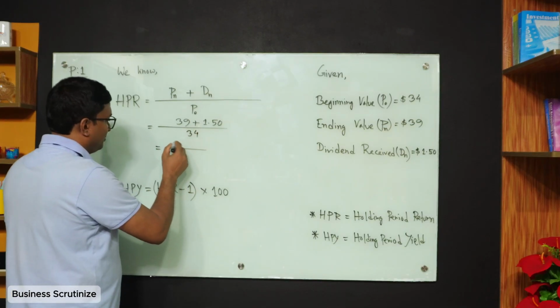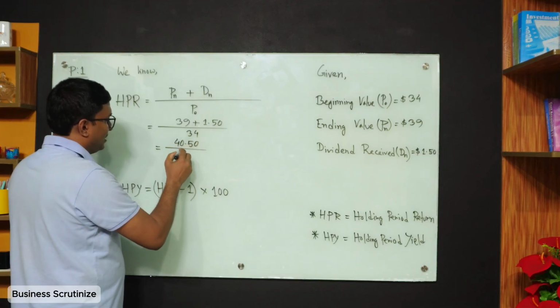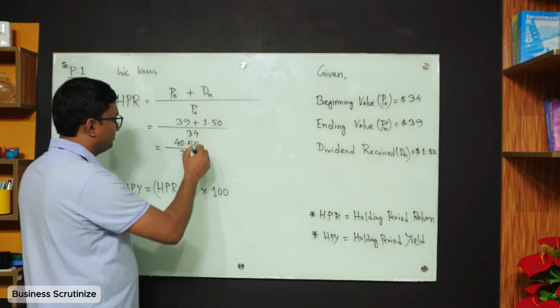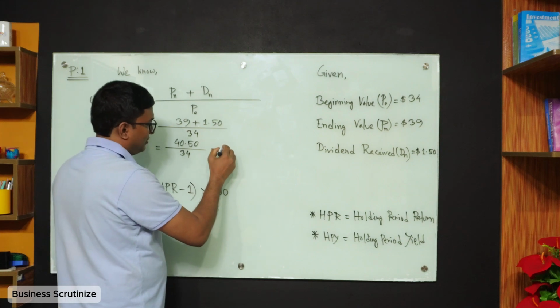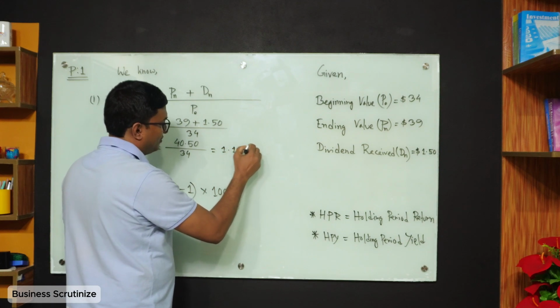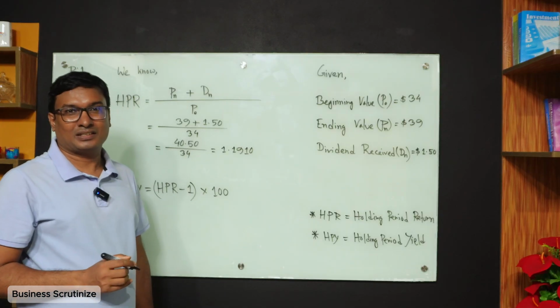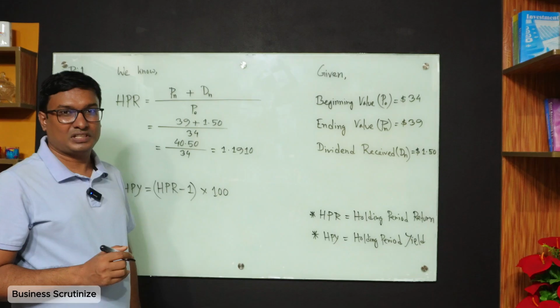If we sum, we get 40.5 over 34, and it should be 1.191. So 1.191 is the HPR, or holding period return.